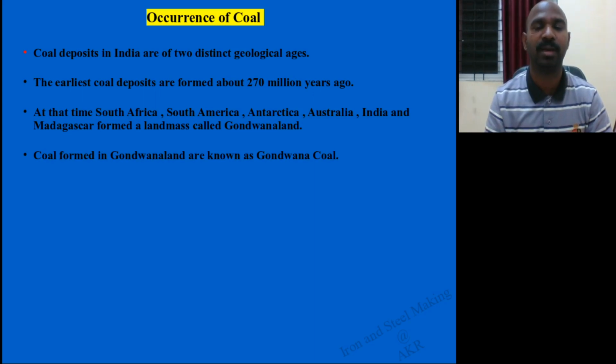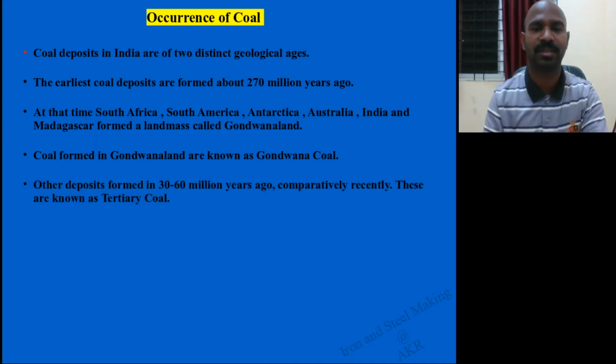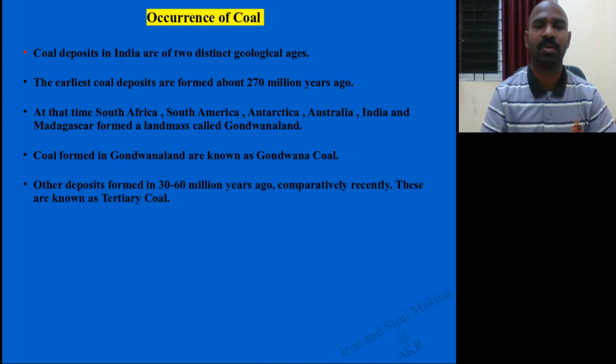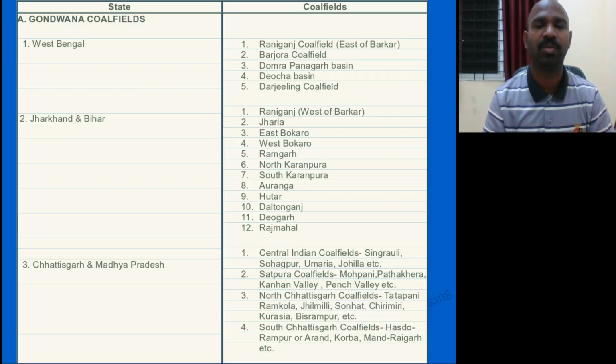The other coal was formed in other areas, called tertiary coal, found 30 to 60 million years ago, and these are called tertiary coal fields. The others are called Gondwana coal fields. In our country, Gondwana coal fields are found.